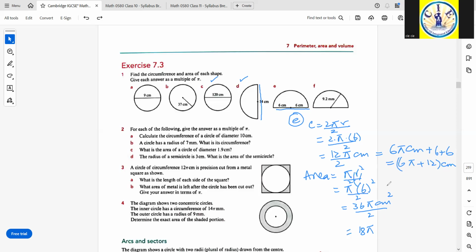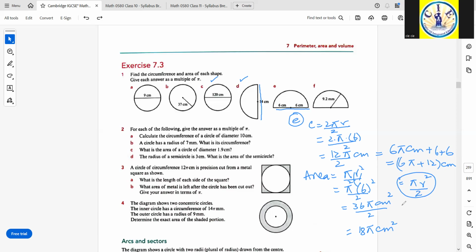This is going to be the area of this part E semicircle. Actually, we need to understand that for a semicircle, I need to have pi r squared, and then I need to divide it by 2 since this is half of that. So the final answer is going to be 18 pi centimeter squares.